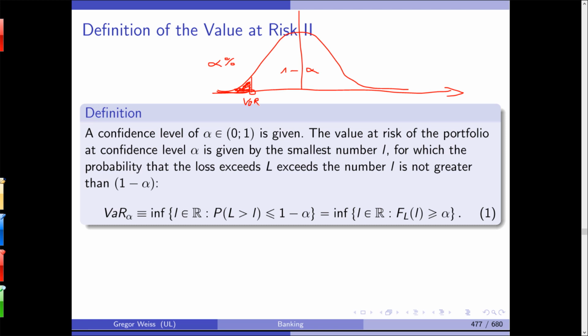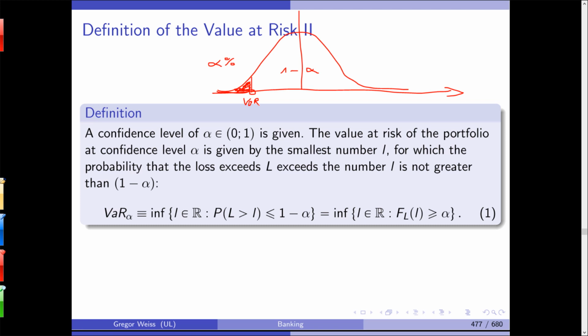I hope you can read this. Could be, for example, minus 2,000 euros. Could be minus 2,530 euros. It's a loss. What does it mean? It's the loss for which there is exactly an alpha percent probability that you will incur a loss that is larger than 2,500 euros maybe. And with a probability of 1 minus alpha, you will incur a profit or a loss that is smaller.